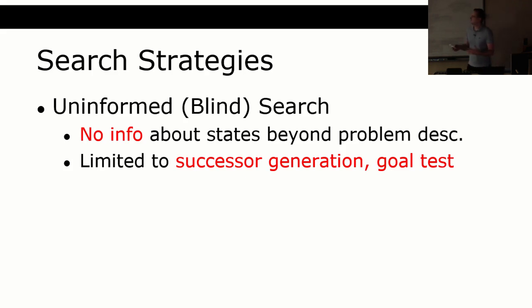For example, if I wanted to search in my head for the fastest way to get to that chair, and something in my brain tells me going to the right is faster than going to the left, that is not uninformed search, because I have some other information that tells me I should probably head in that direction. In uninformed search, we're limited to just successor generation and goal testing. So if I was doing uninformed search in real life, I would just test left, then test up, then test back, and you can start to see why that may not be so optimal.